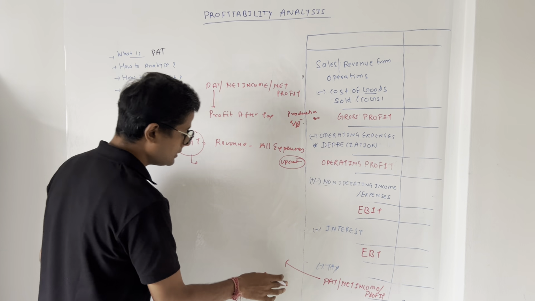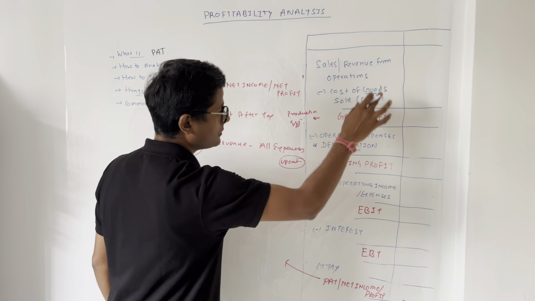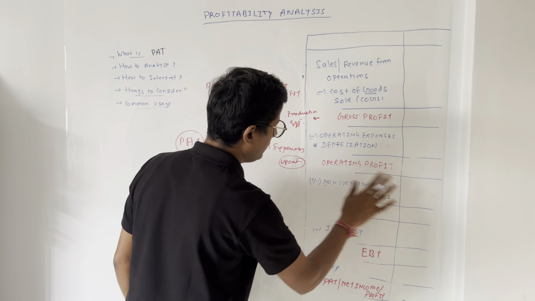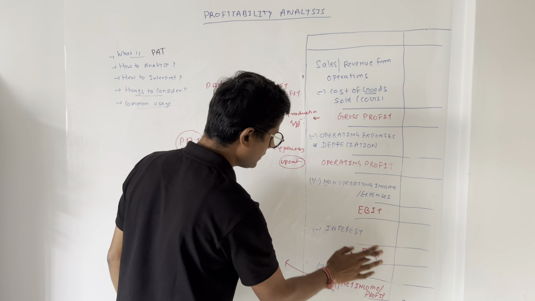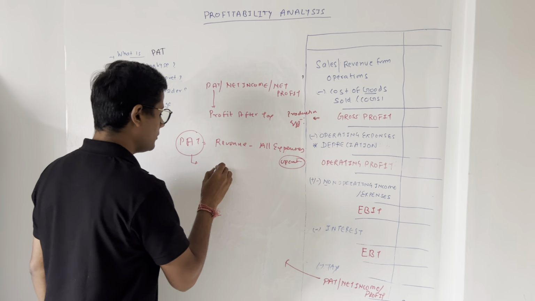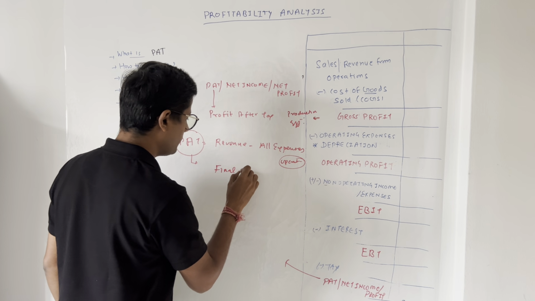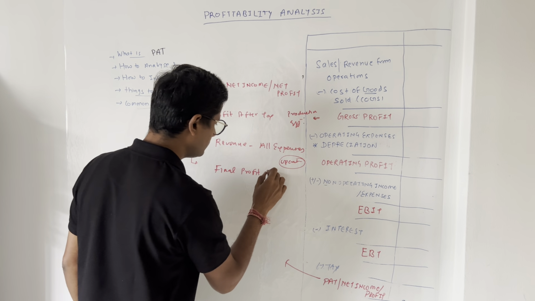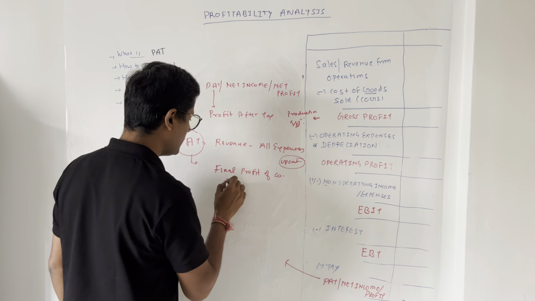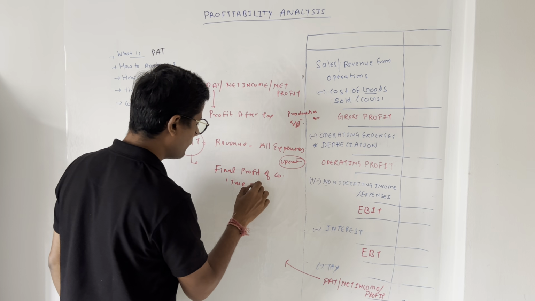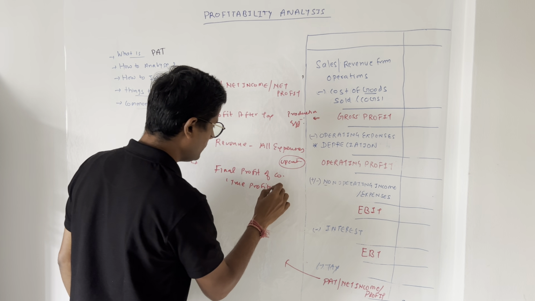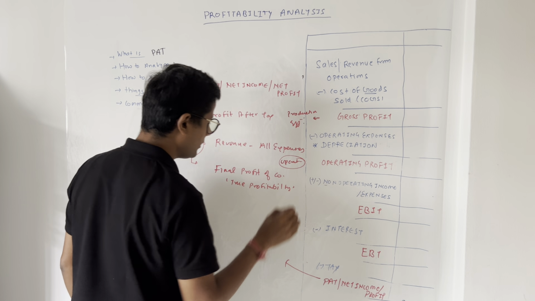Since PAT comes after deducting everything, all kinds of expenses, it is the final profit of the company. It presents true profitability because it is after deducting everything.